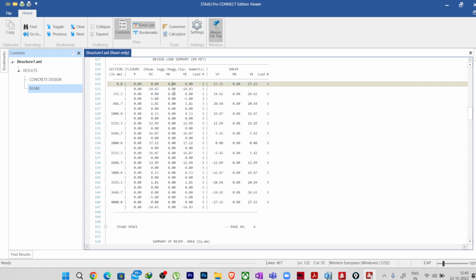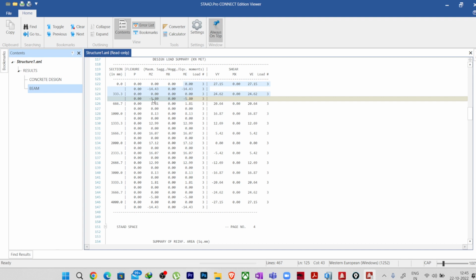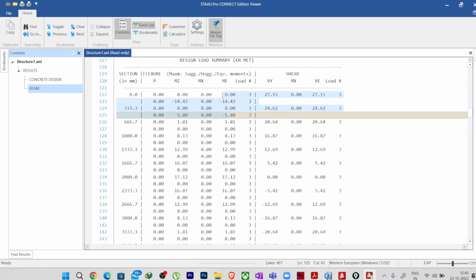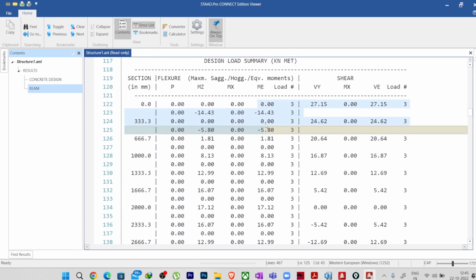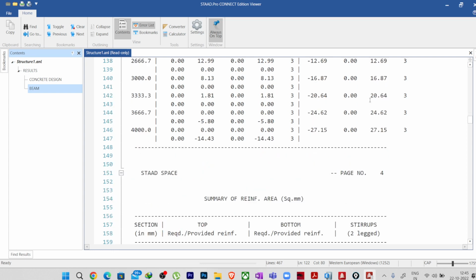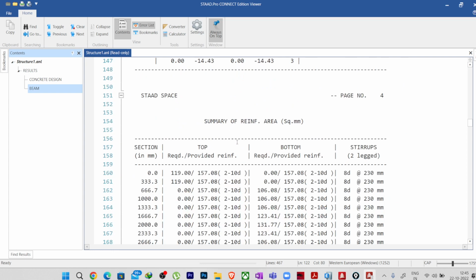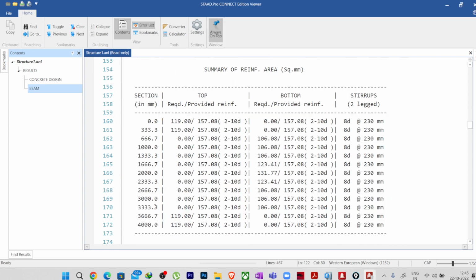As the torsion is 0, the equivalent moment that we are getting will be exactly equal to the analysis moment, that means the Me. Similarly for the shear, as the torsion is 0, the analysis shear will be exactly the same as the equivalent shear. And based on this it is giving us the reinforcement at all other locations.